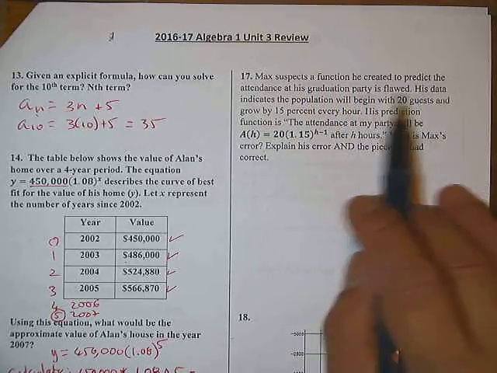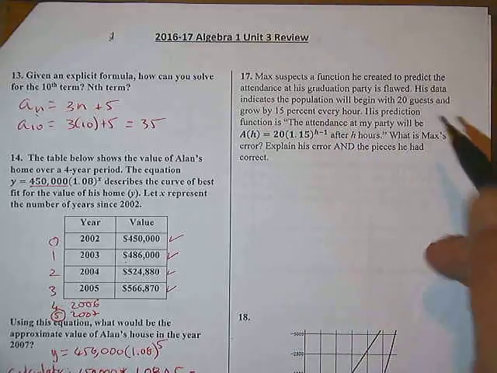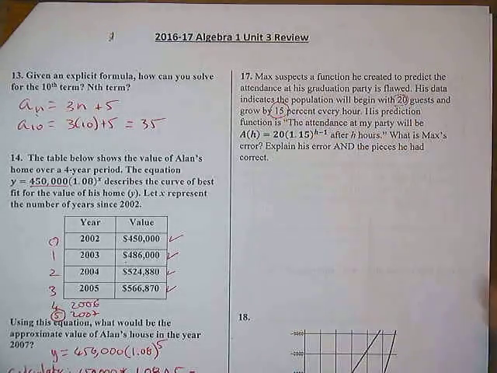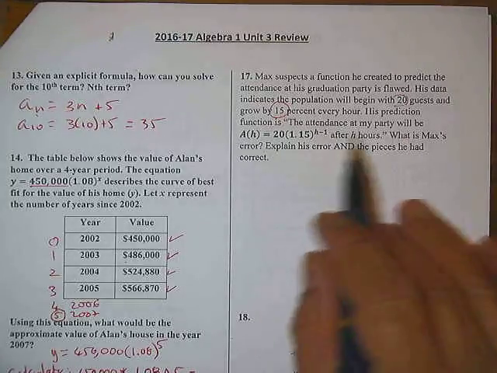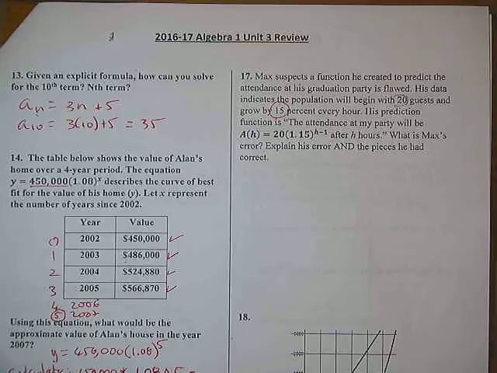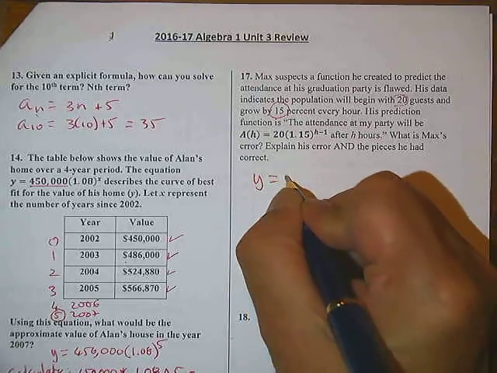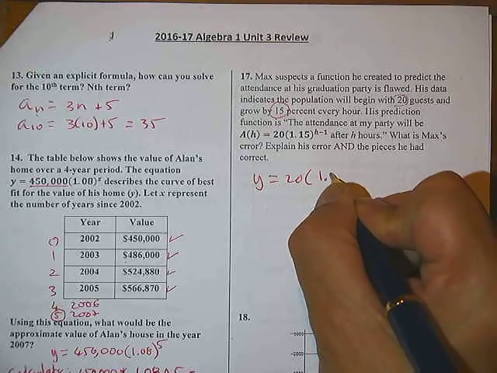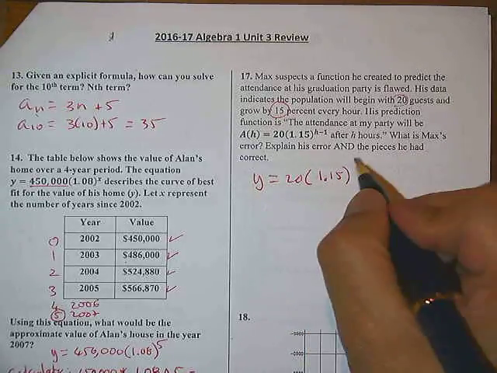Now 10%, 2 decimal points to the left, and I guess p for period. So y is equal to 320 times 1.10 to the p power. So whatever p is, you plug in that number and work it out on your calculator. That's fine.